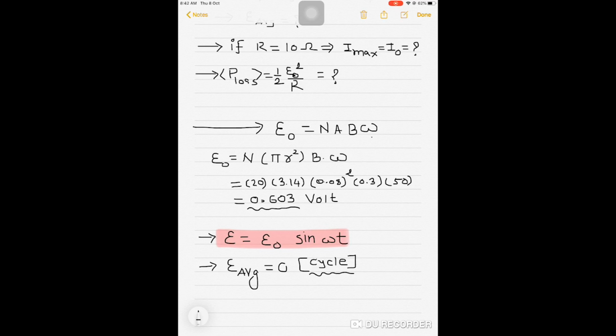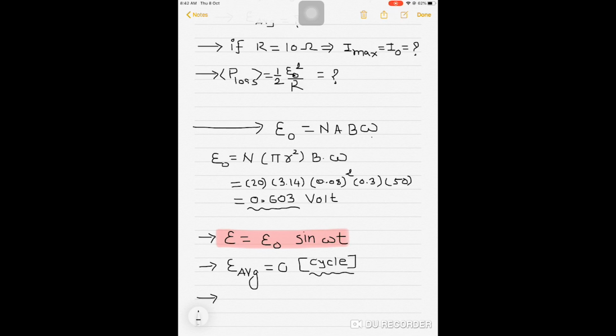Now we are also asked to find out the maximum current in the circuit. For the maximum current, we must follow the maximum EMF, and we are also provided the value of resistance.